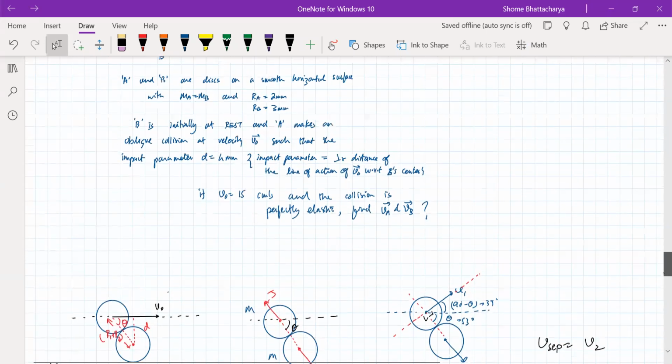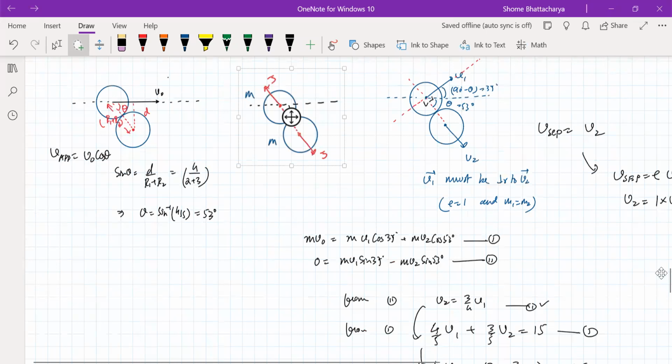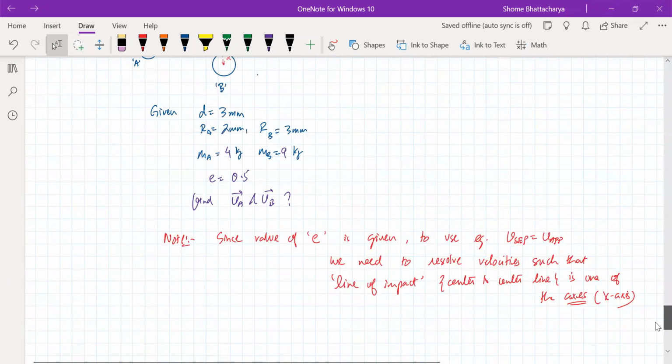So here we will take this line as our x-axis while solving.